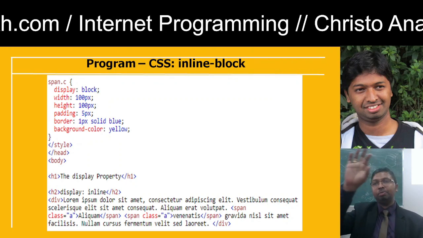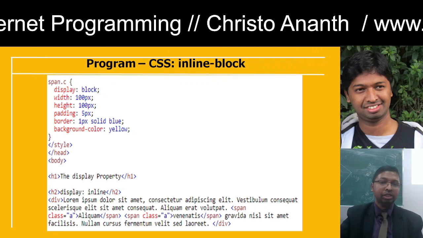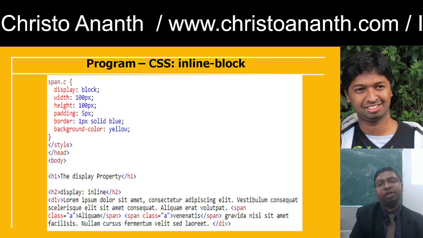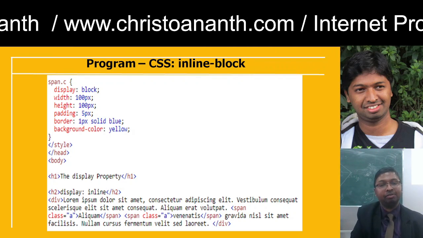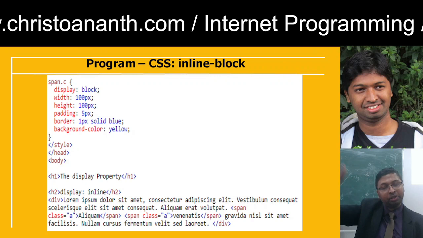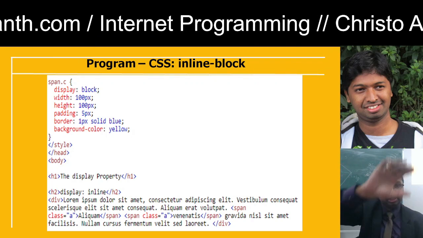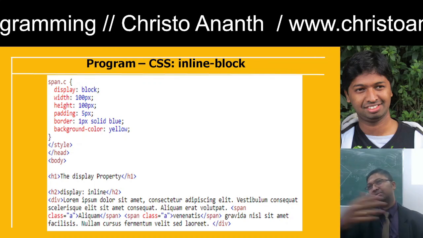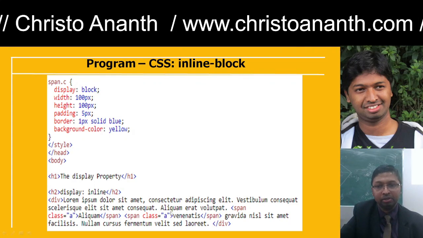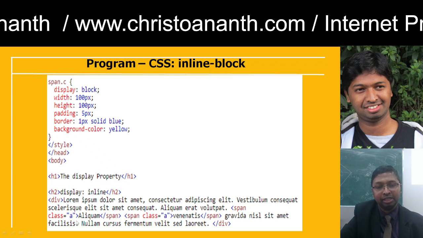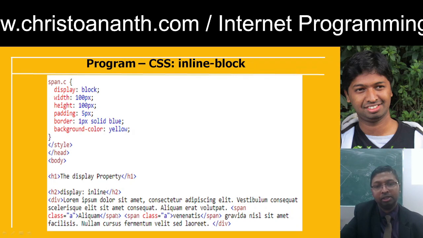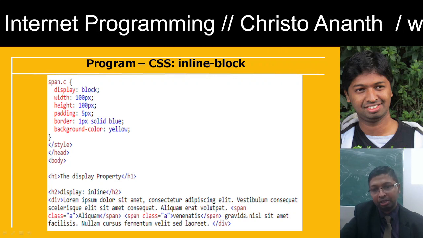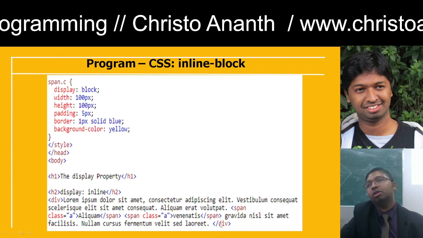The display property is the heading, and you'll have the h1 tag, the highest level heading. Then h2, the next level heading, with display inline. Then in the div tag you specify some text, and then the span class A, with the text aliquam. Then another span, and close the div tag.